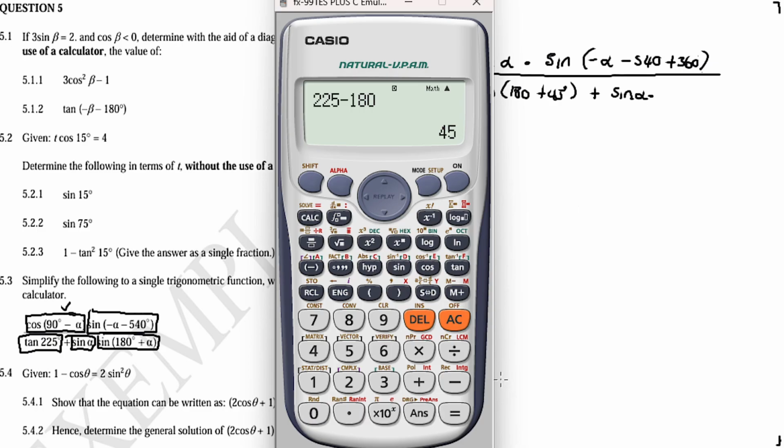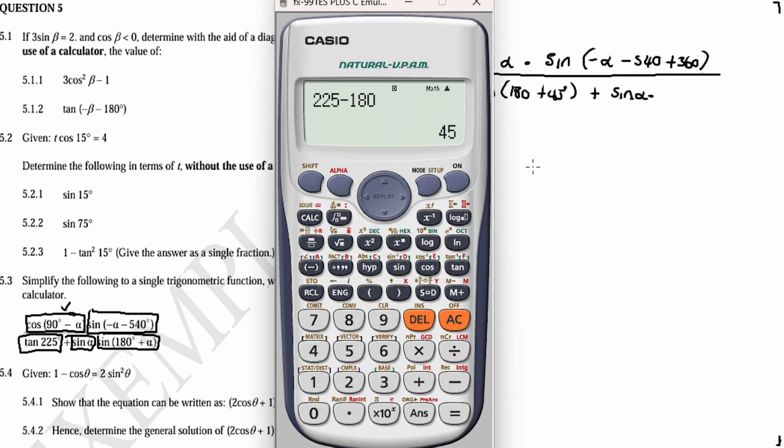Most of the time when you reduce angles, your aim is to get a special angle. If the special angle doesn't come out, most of the time something has gone wrong, either above or below, depending on where you reduced.